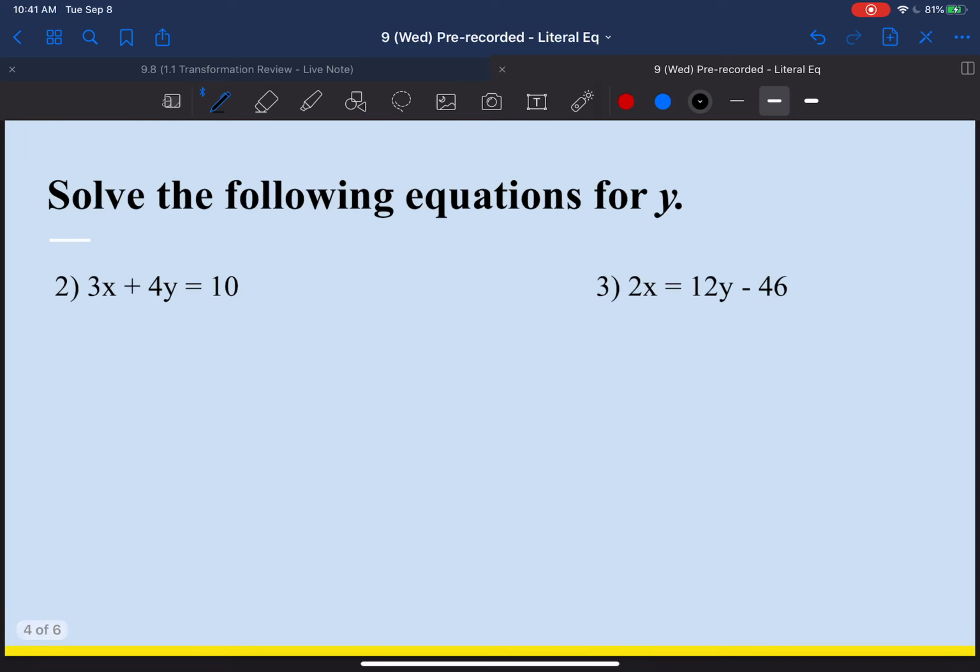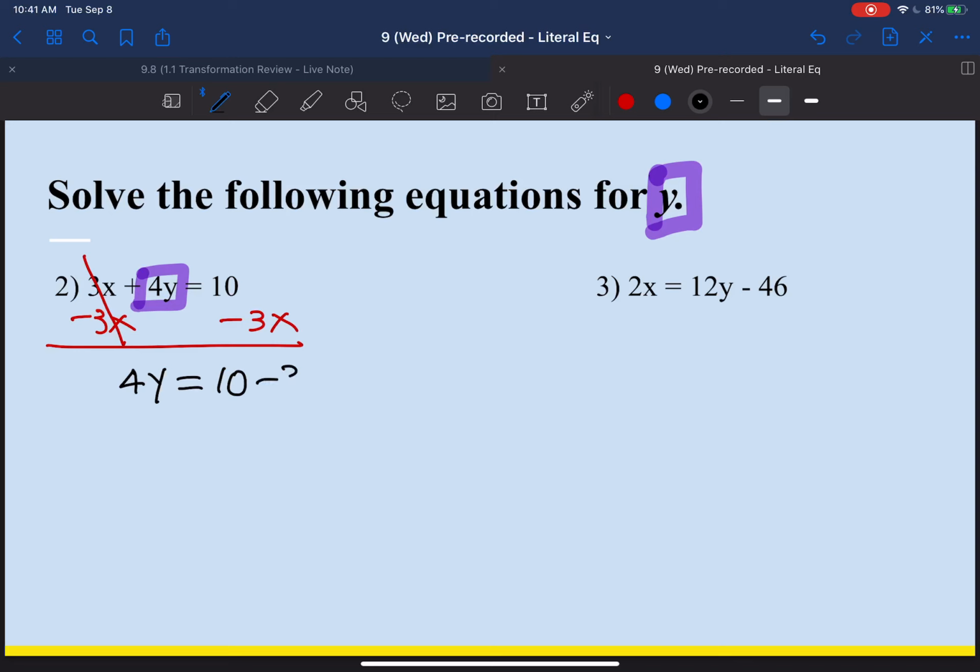Examples 2 and 3 are the same type of equations, but now I have more than one variable. I have x and I have y, and the question says to solve the equation for y. So this is a linear equation. First step, I want to solve for y, which means I am going to isolate y. So I move everything to the right side, which means I have to subtract 3x. This cancels. 4y equals 10 minus 3x.